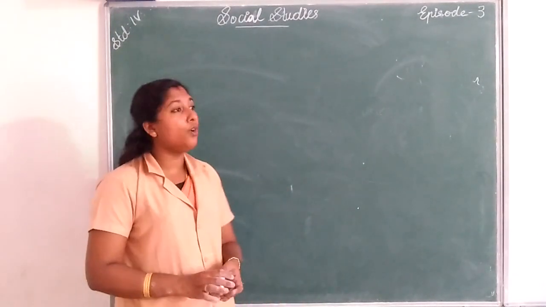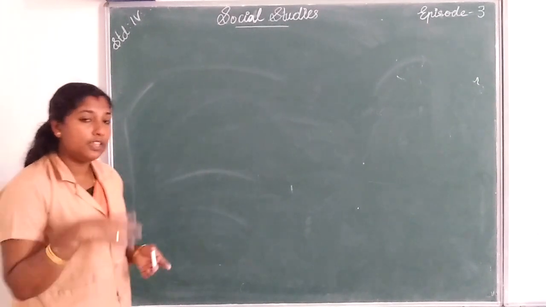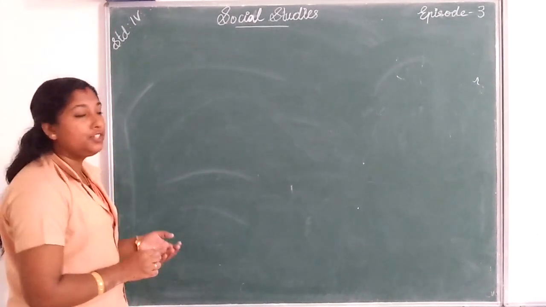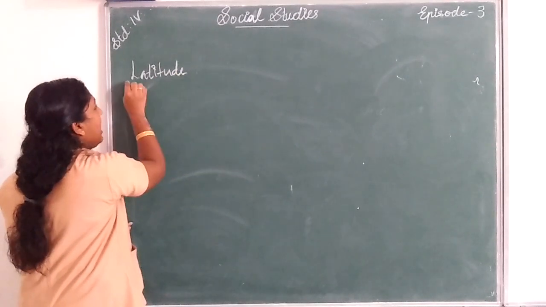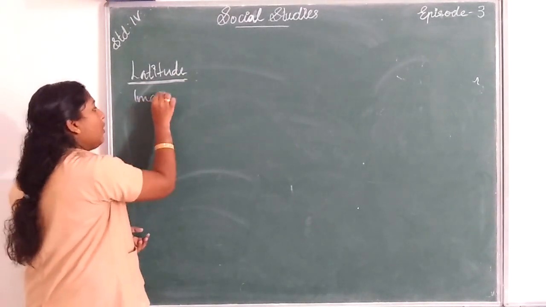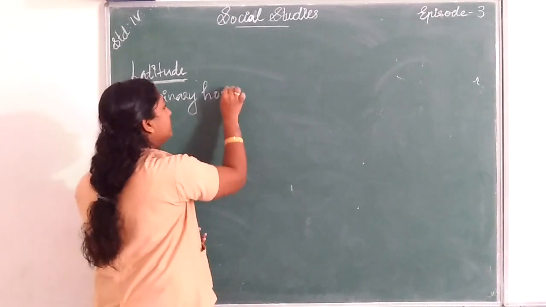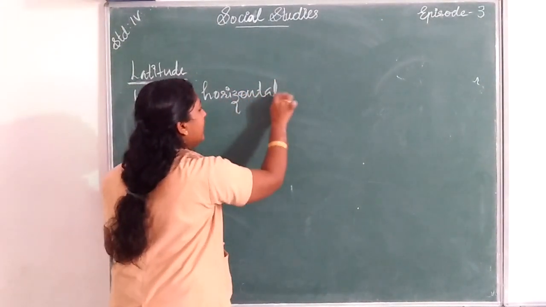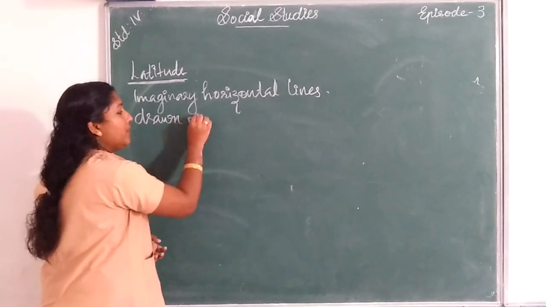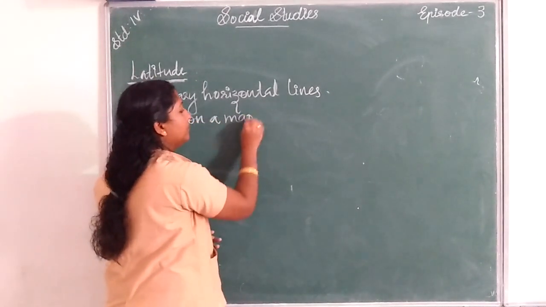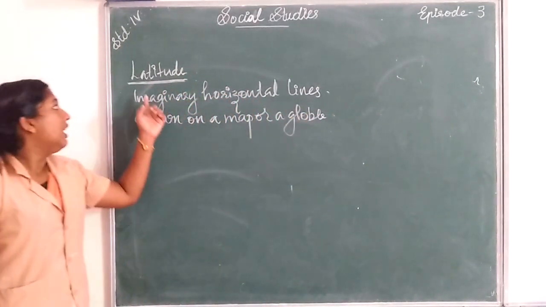Imaginary horizontal lines drawn on a map or a globe are called latitudes.